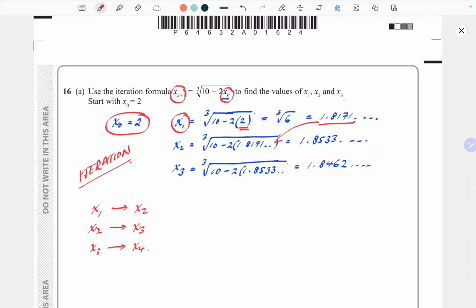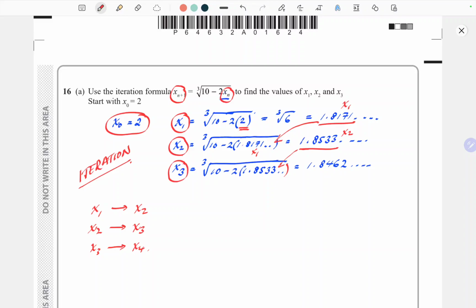So this is x1, and it goes in here, and that helps us find x2. Again, going through the same process, we get an answer of 1.8533, etc. And that is your x2, which in turn goes into here and leads us to x3.